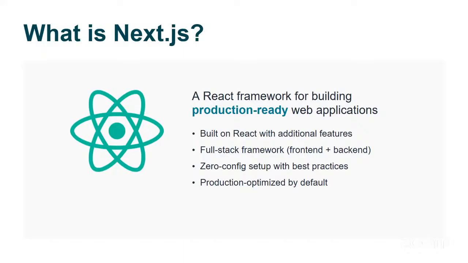It is also production optimized by default. For example, image optimization and the headers and metas are optimized by default in a Next.js application.